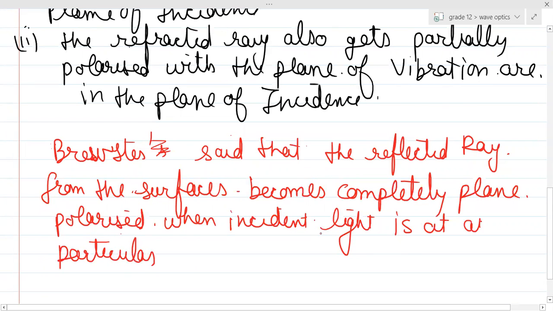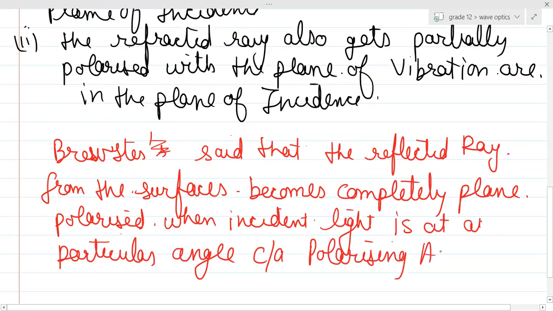Incident light is basically ordinary light, right? Unpolarized light at a particular angle called the polarizing angle or Brewster's angle.